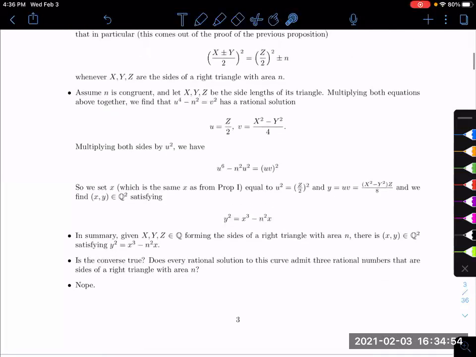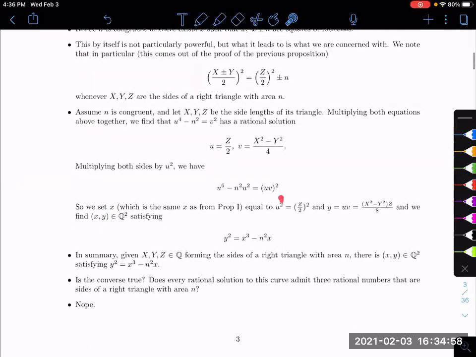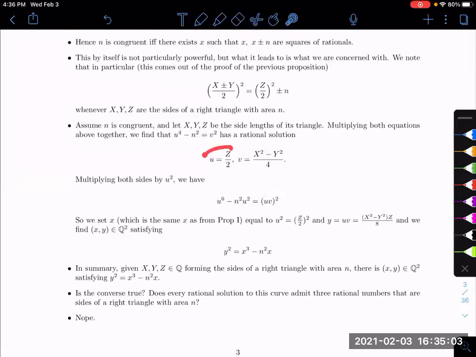We're going to set that x equal to u squared, which we know from up here is z over 2 squared. Then we introduce a new variable y, and we call y uv, this uv that pops up right here. You can check using the expressions for u and v that y is x squared minus y squared all times z over 8.